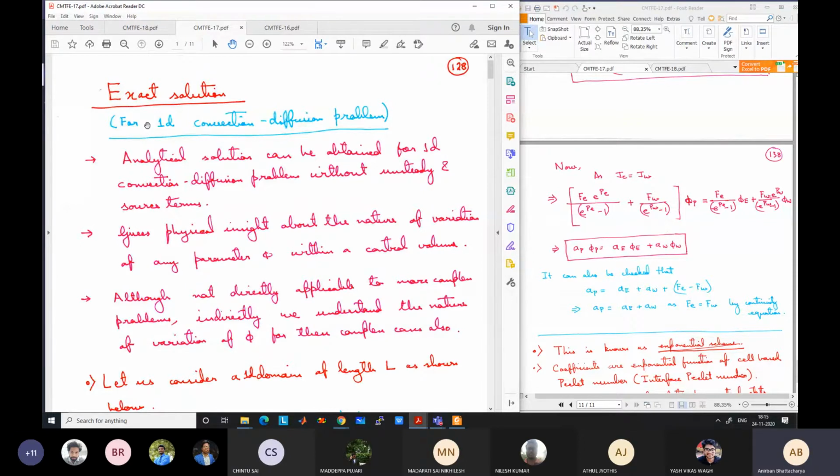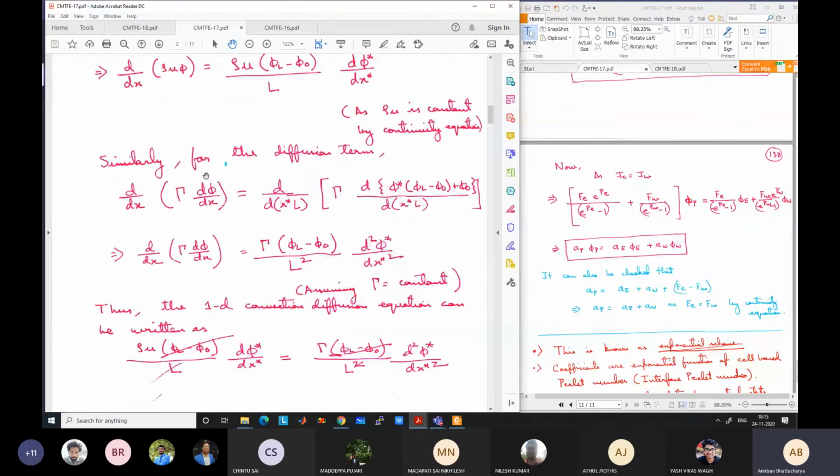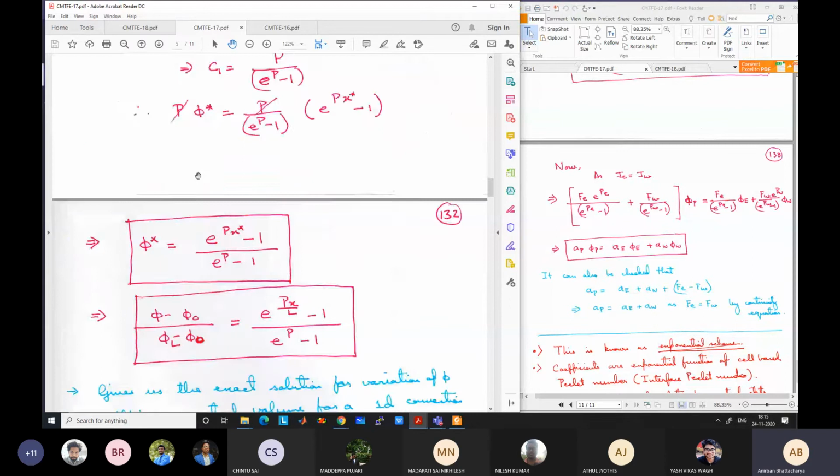Before going to the scheme, what we had discussed was, for that simple 1D convection diffusion problem, whether there is actually any analytical solution, not CFD, where we can see how the actual behavior is. And we solved it and found that the behavior is exponential.